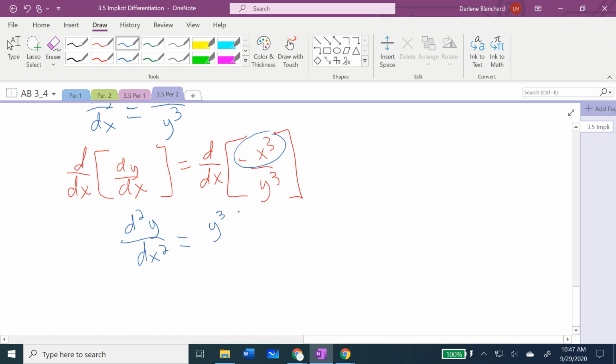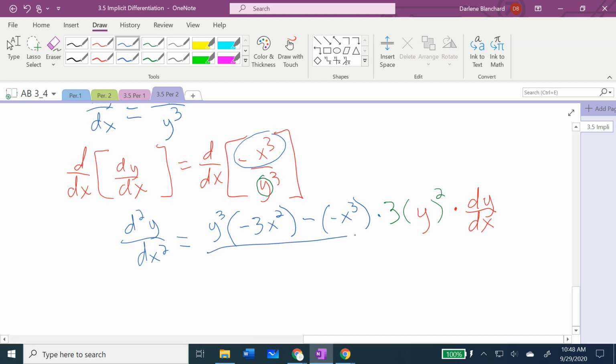So I've got low d high minus high d low. Now when I go for the d low, I have to realize that I'm taking the derivative with respect to x. Y is a baby function. So derivative of blah cubed is 3 blah squared. And then give mommy her baby and multiply by the derivative of that baby with respect to the x variable. We're in the middle of quotient rule, so square the bottom, and away we go.